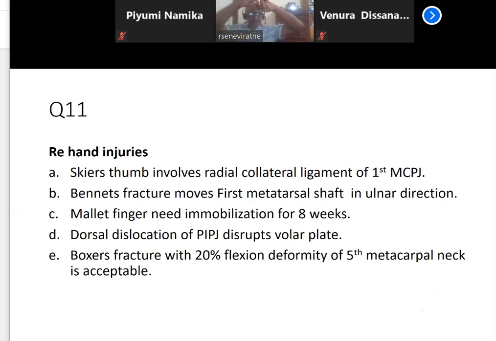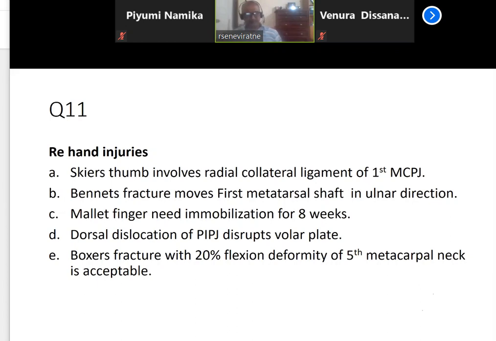Up to 35 degrees, it's okay, so you just leave it. But beyond 35, you try to give a local anesthetic around, make the finger like that and press to correct it.